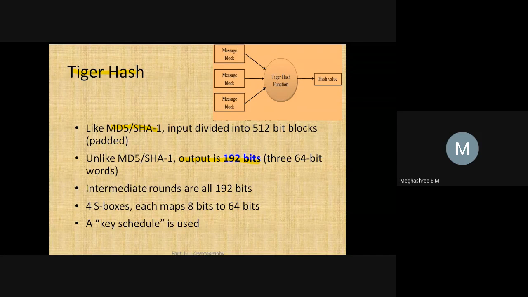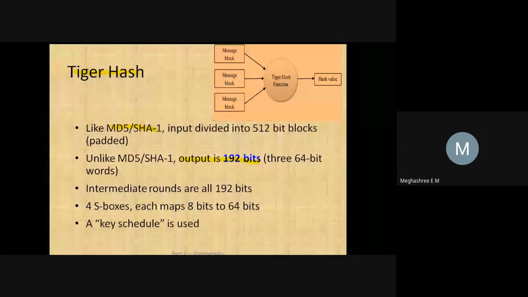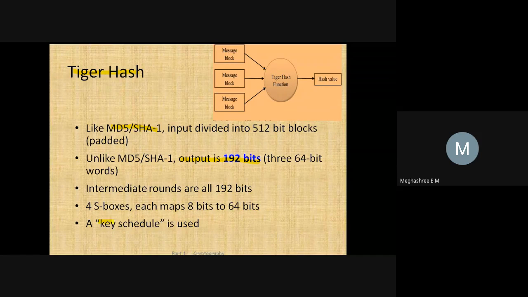This hash function follows many rounds, and all are of 192 bits. This hash function consists of 4 S-boxes, wherein each box maps 8 bits to 64 bits. And for this hash function, a key schedule is also used.